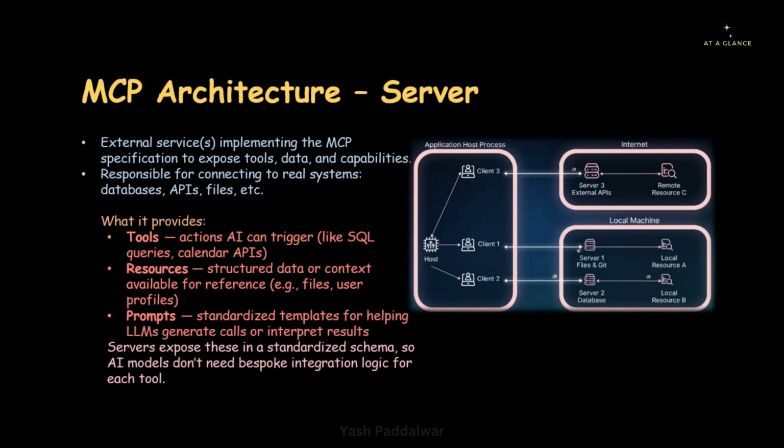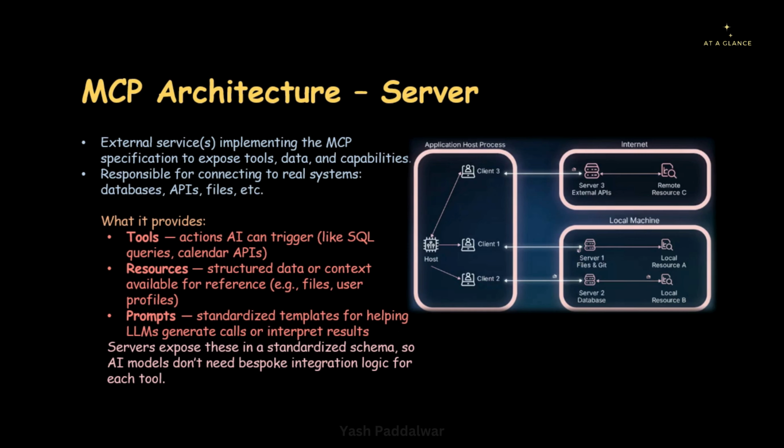Next, resources. The server provides resources like structured data or context available for reference. For example, files. If you remember, I gave the example of the GitHub README file. This comes under the resources section. Next, we have prompts, standardized templates for helping the LLM generate calls and interpret results.